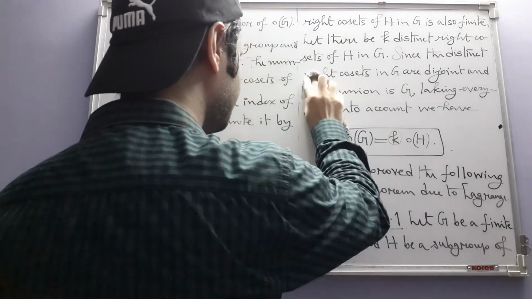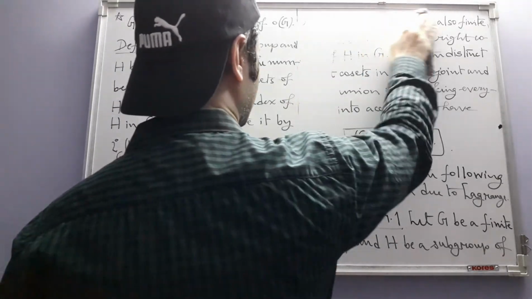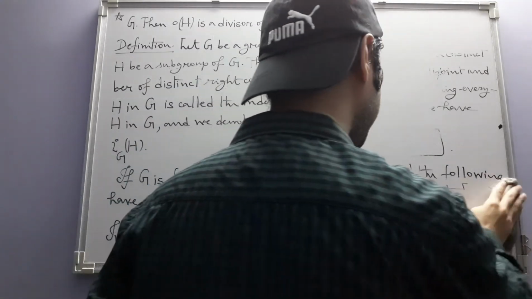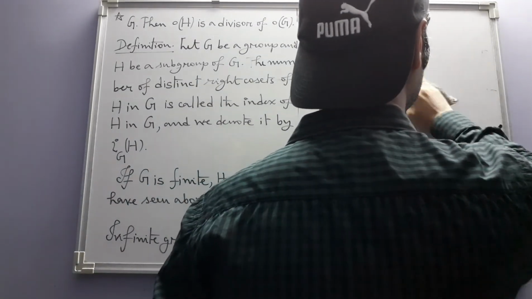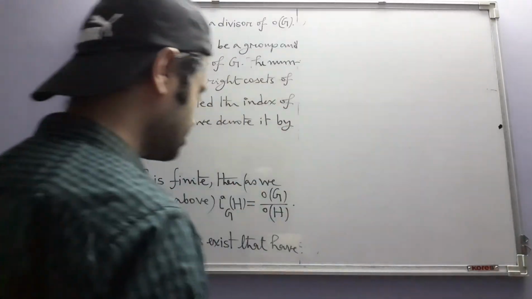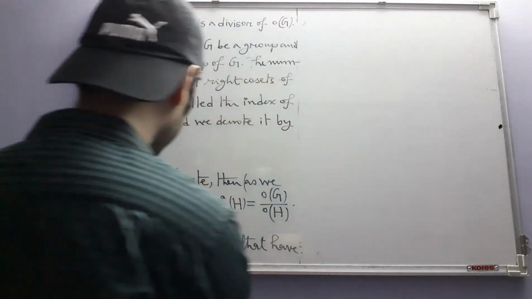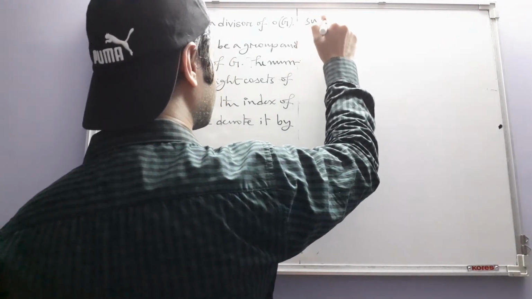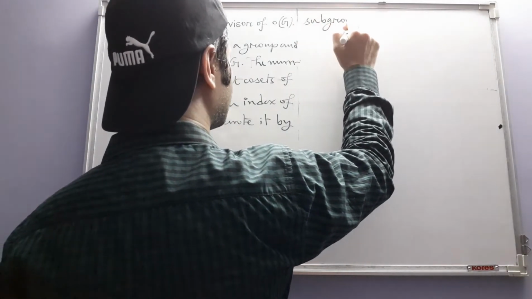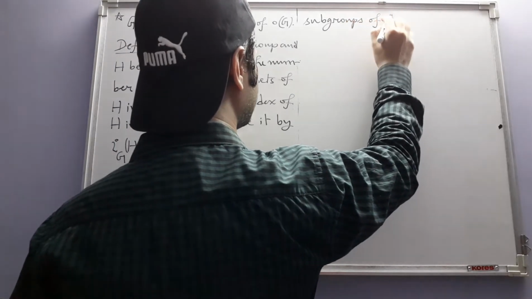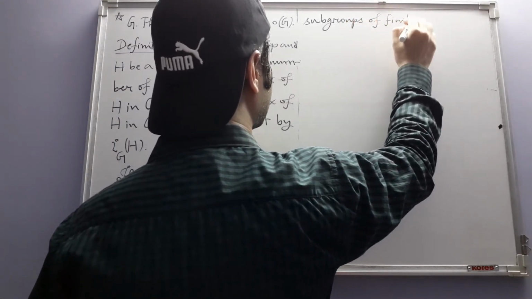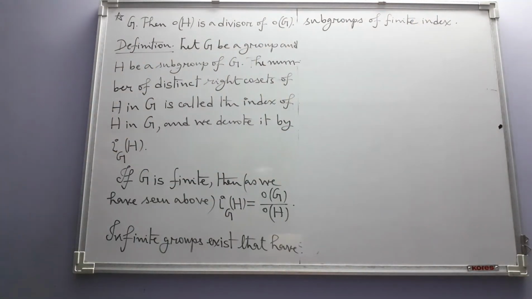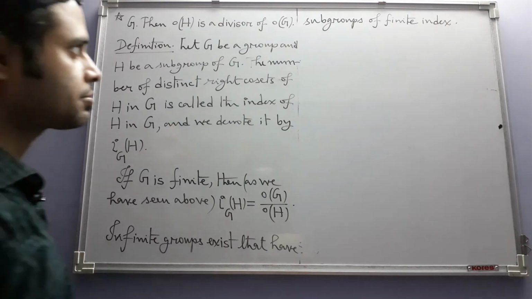If the group is infinite, it's not necessary that all the subgroups should have infinite index. In an infinite group also you can have a subgroup having finite index. That's what we are stating now. An example can be easily given.